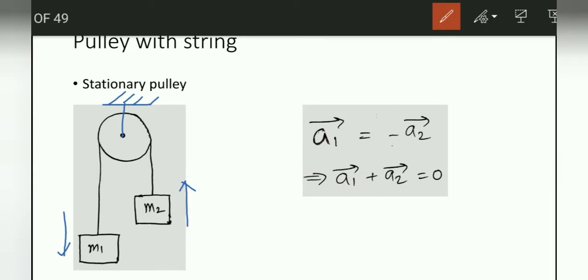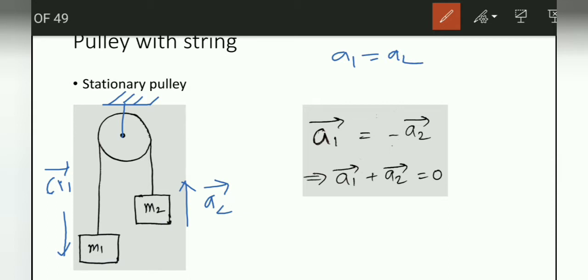Definitely upward, because this is common sense, this is intuition. Now if this is moving downwards with an acceleration a1 and this is moving upward with an acceleration a2, we can write a1 is equal to a2, that is, in magnitude both will be the same.